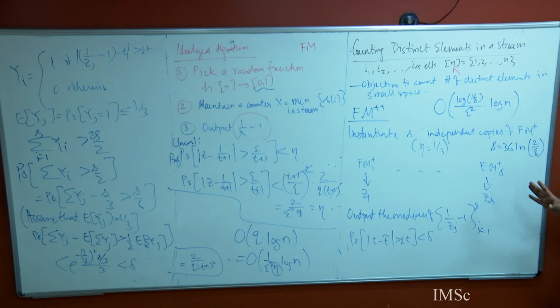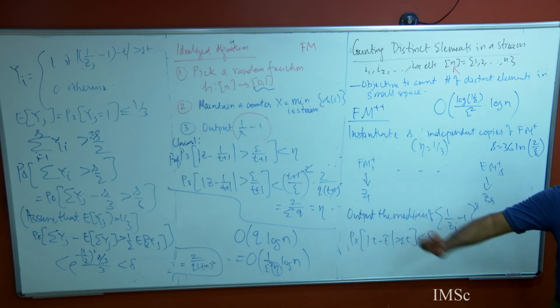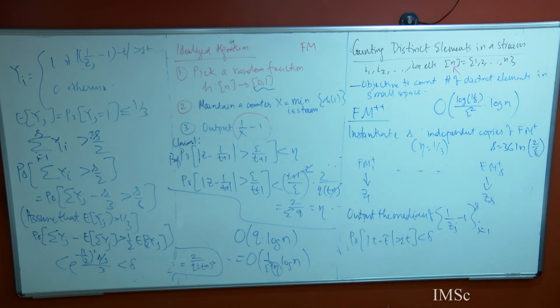And at least in this semester, from now onwards, I will assume that, given this, all you have to do is take the median, apply Chernoff and get whatever. So I will not do this anymore in the course. I will compute the first step, and the rest two steps will be like, okay, you do this, you make plus, you make double plus.